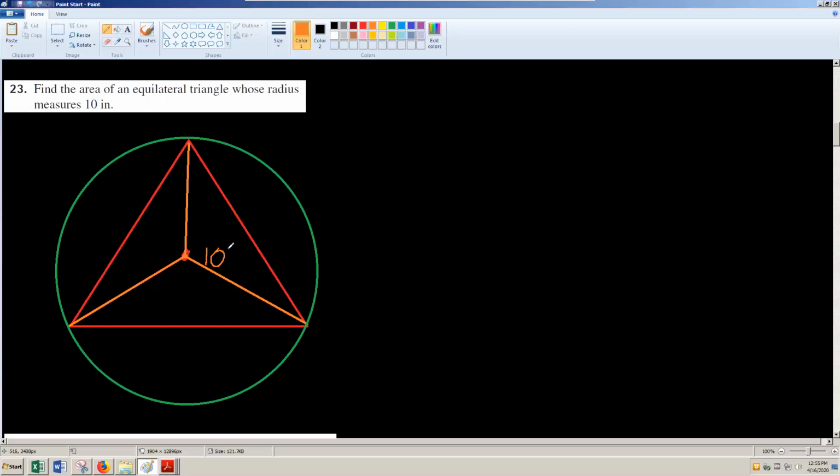And I also want to keep in mind, I know some 30, 60, 90 triangle stuff. When I look at this equilateral triangle, there's a multitude of ways of figuring this thing out. But I personally would think of it in terms of, let's continue to drop down an altitude here, and let's split one of these triangles.